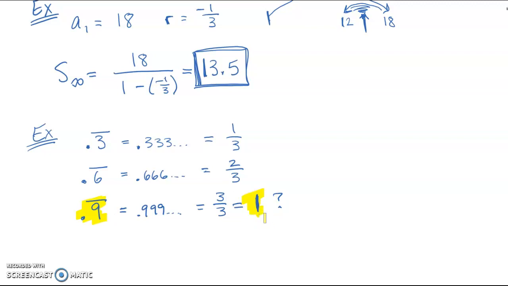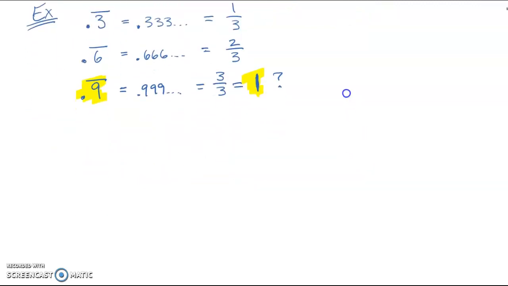And it's a really, really quick example using our geometric series. Because 0.9 repeating is 0.9999. I'll just do a couple there. Well, 0.99999 is 0.9 plus 0.09, right? That's where the second 9 would come from. Where would the third 9 come from? 0.009.